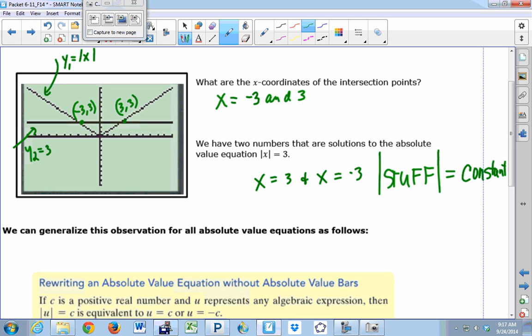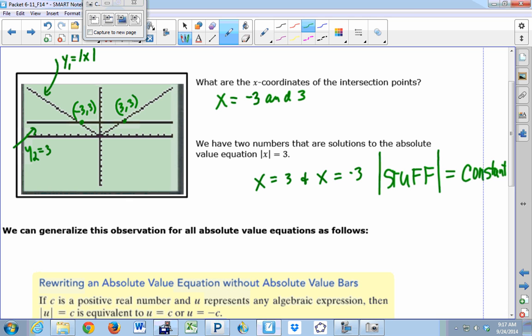That's what you want. And then you say, all that stuff on the inside could either equal that constant, just like x could equal 3, or x could be the opposite of 3. So the stuff could equal the constant, or the stuff could be the opposite of the constant.